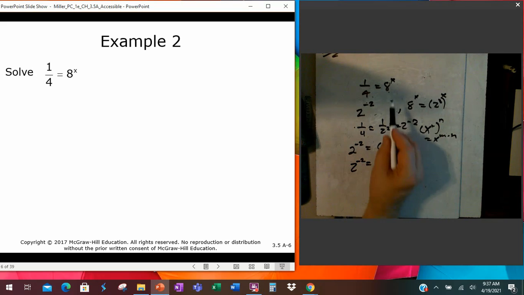That would be 8 to the x power. Now I'm just going to solve. My bases are the same, so the exponents must be the same, and I solve just like I would a linear equation. So x is equal to negative 2/3.